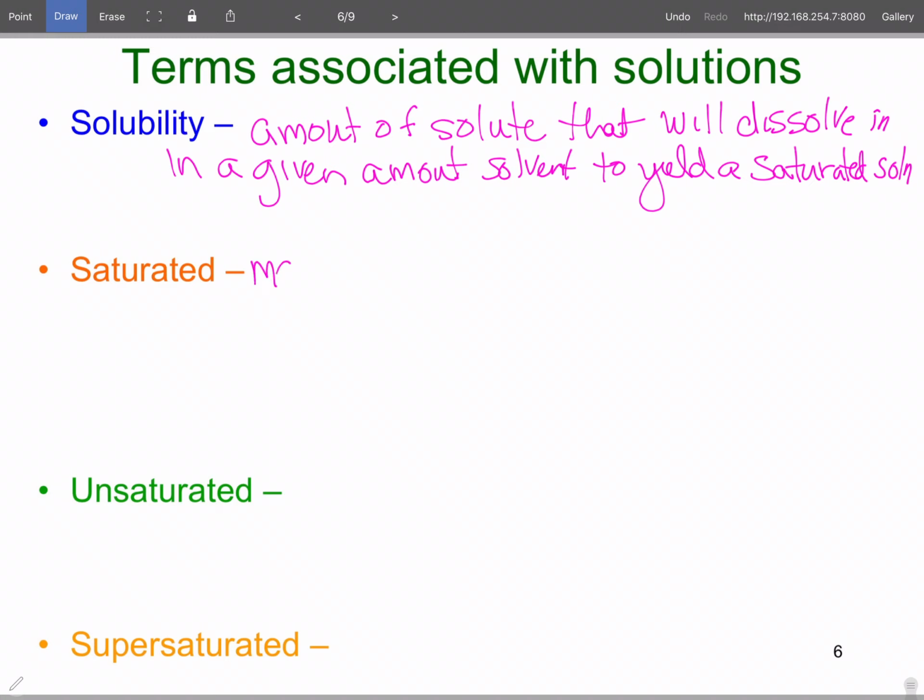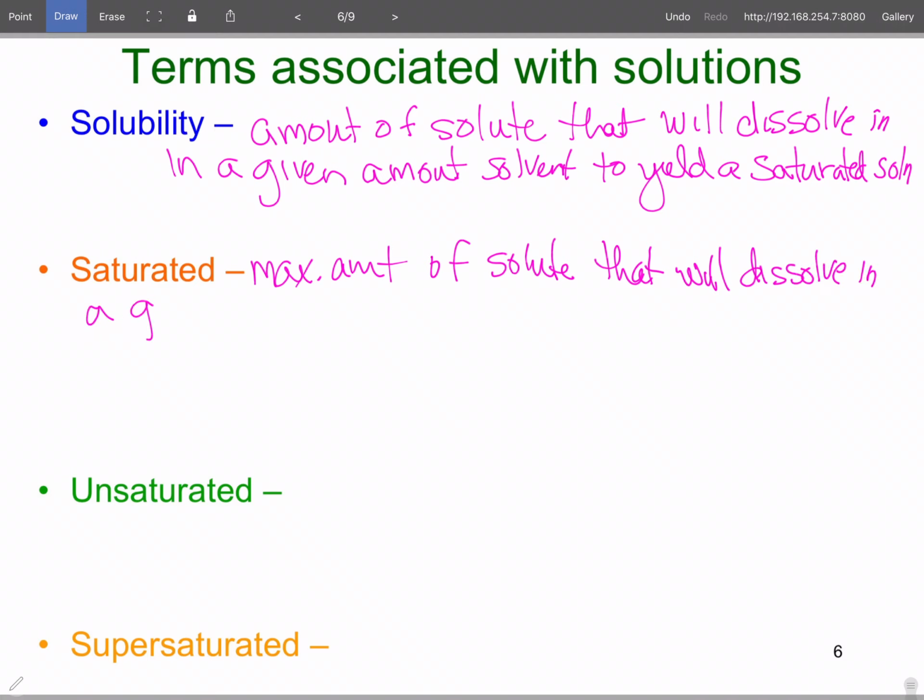Saturated is the maximum amount of solute that will dissolve in a given amount of solvent at a set temperature.